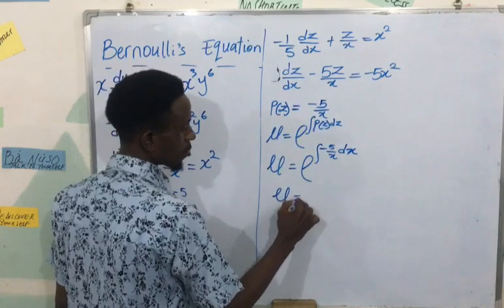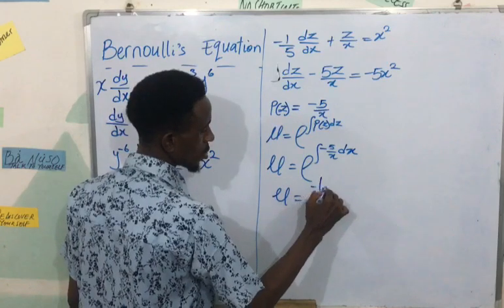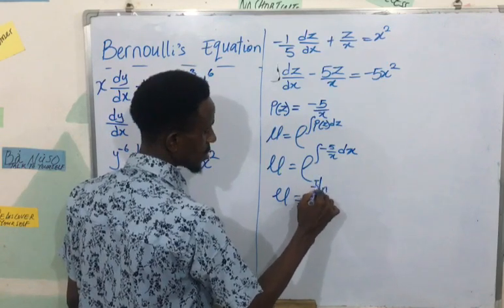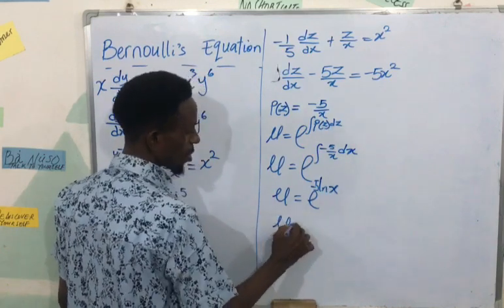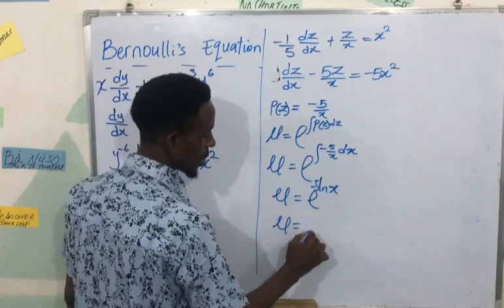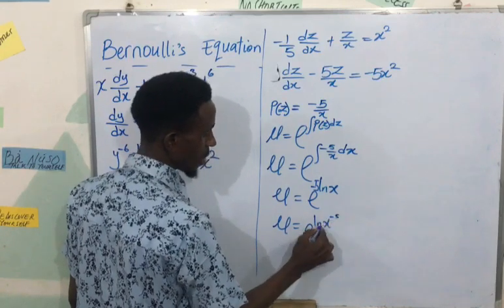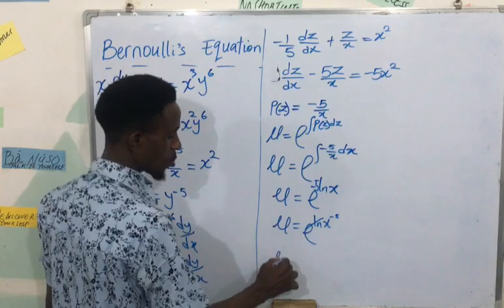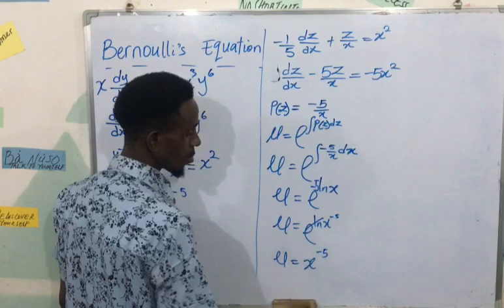So my integrating factor from there is going to give me exponential minus 5 ln x. So the integrating factor is exponential ln x to power minus 5. So my integrating factor now is x raised to power minus 5.